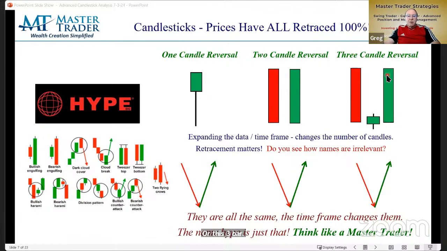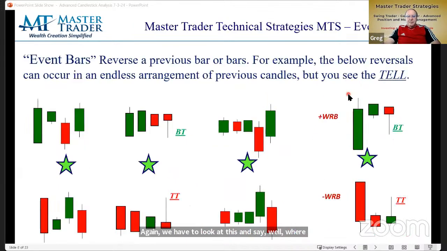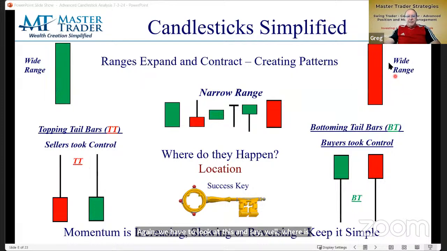It suggests it's going to go up. It's about the retracement concept. And it went down and went all the way back up again. Again, we have to look at this and say, well, where is it in the context of support and resistance? We'll get to that.